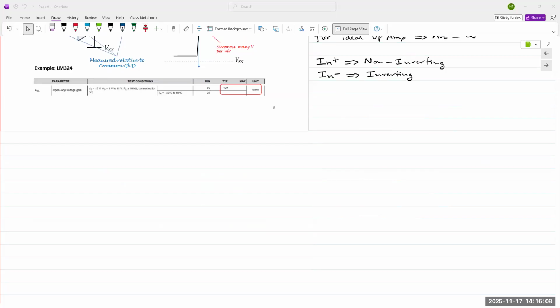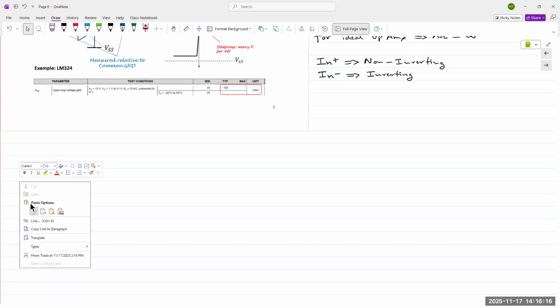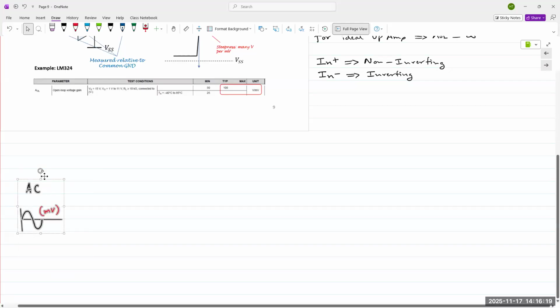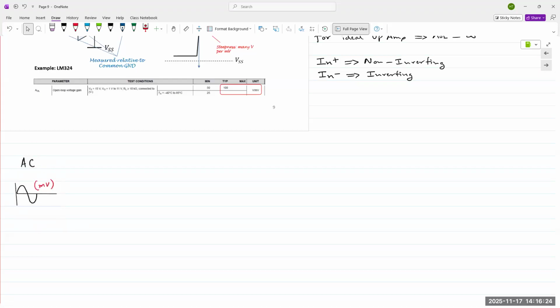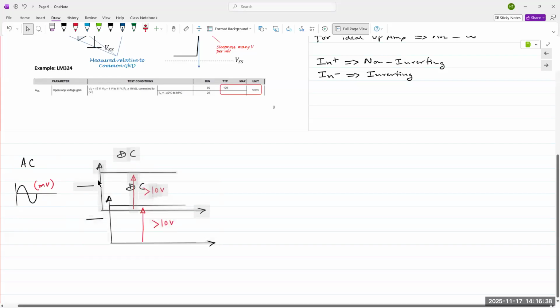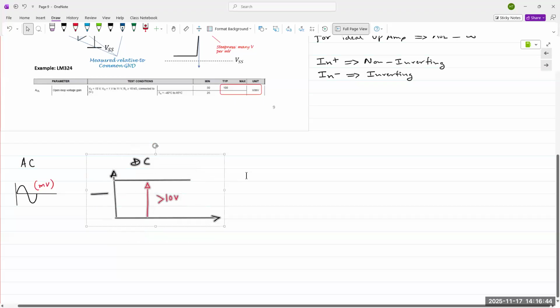Let's say you have a small AC signal, right? And then you have a large DC source.